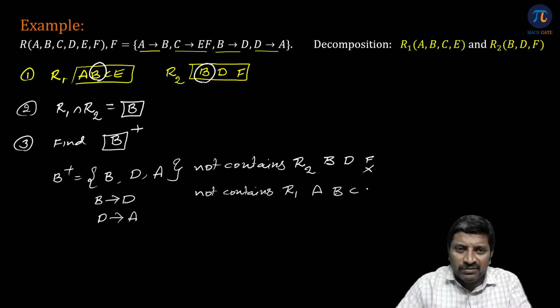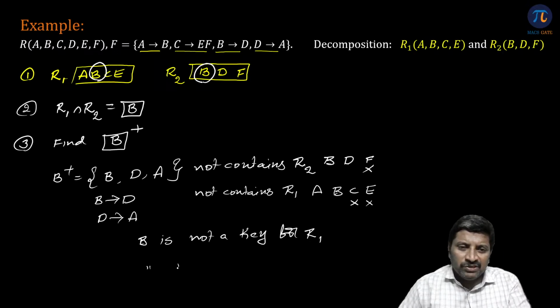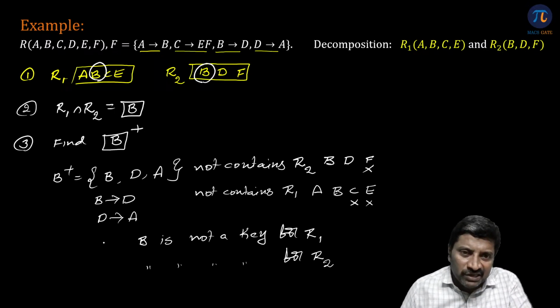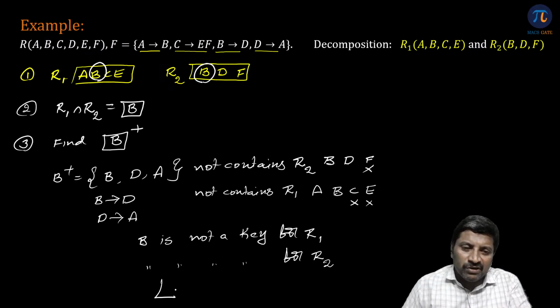A, B, C, E. Right, sir? So I think we missed C. That means B is not a key for R1. Similarly, B is not a key for R2. Since neither of the conditions is true, it is lossy.